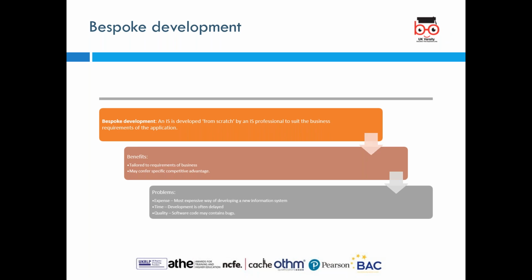So bespoke development is when an information system is developed from scratch, as we said, by information system professionals to suit the business requirements of the application. And the benefit of building it from scratch is that it is tailored for the requirements of the business.